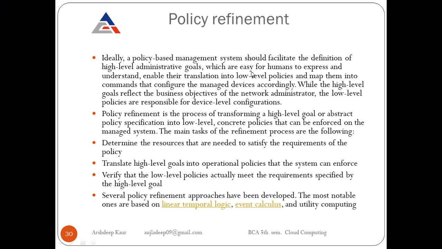Policy-based management systems should facilitate the definition of high-level administrative goals, which are easy for humans to express and understand, enable their translation into low-level policies, and map them into commands that configure the managed device accordingly. So basically the policies that we implement in the organization are translated into lower level policies, and we convert them into commands, and those commands are configured and managed very easily.